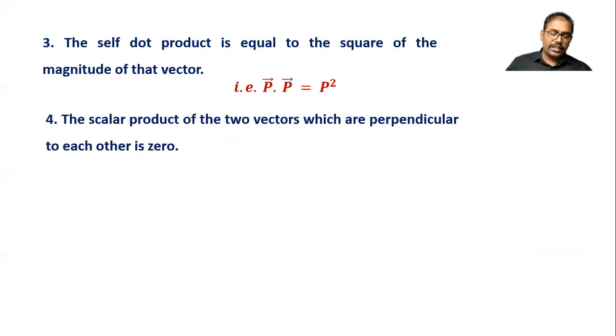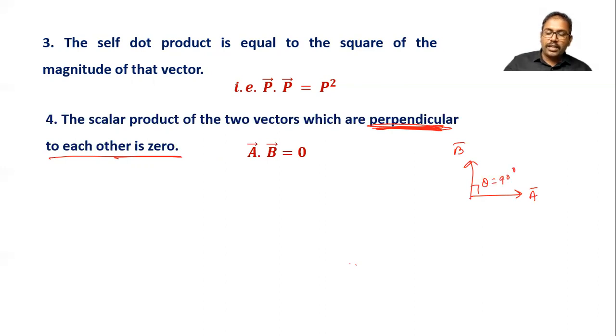Now the fourth characteristic: the scalar product of two vectors which are perpendicular to each other is 0. Now how is it 0? You can see here, if a and b, or you can consider p and q. If this is the vector a bar and this is b bar, and the angle theta is 90 degrees, then we can write a bar dot b bar is the magnitude of the first vector, second vector into cos of the angle between them.